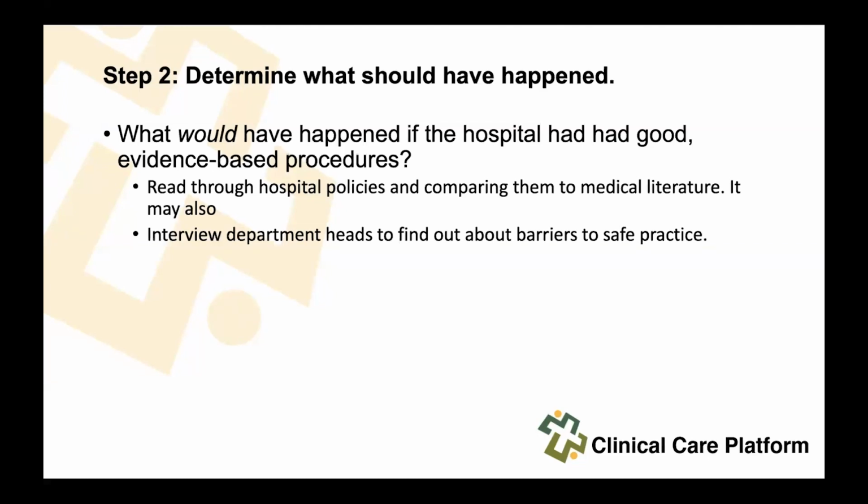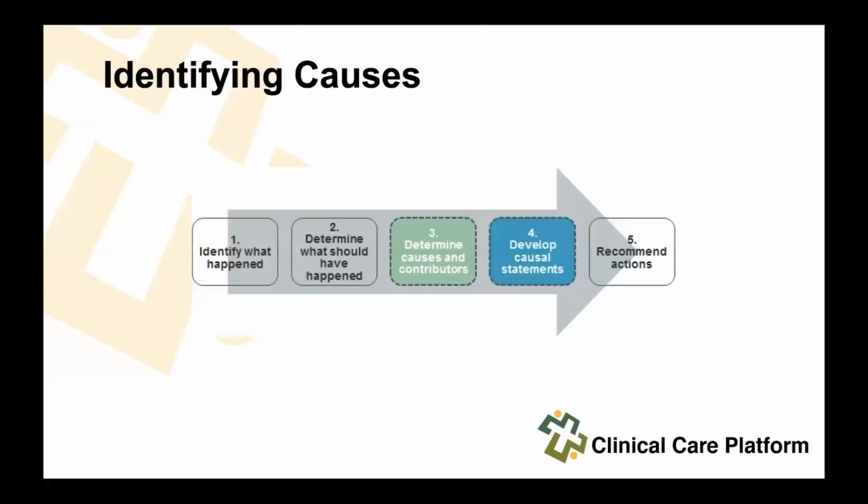This is very important, because now you're going to compare what the clinical protocols, hospital policies and experts say versus what actually happened. And then you say, if there's this gap, why were there gaps? What are the causes and the contributory factors?